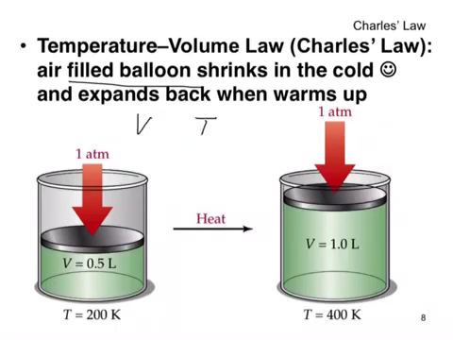So over here, I'm showing you a situation where we have a gas sample which has been maintained at a pressure of 1 atmosphere. Volume is 0.5 liters. Temperature is 200 Kelvin, and as I heat it, if I want to maintain that same pressure, you can perhaps envision that the gas molecules will push against the movable piston and the volume will increase.